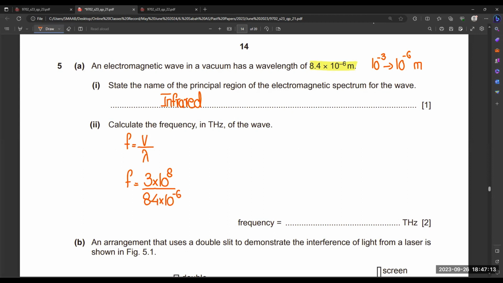So this formula helps to calculate the value of frequency. Then we have to convert into terahertz. So you will get the answer of frequency equal to 3.6 exponent 13 hertz, right?